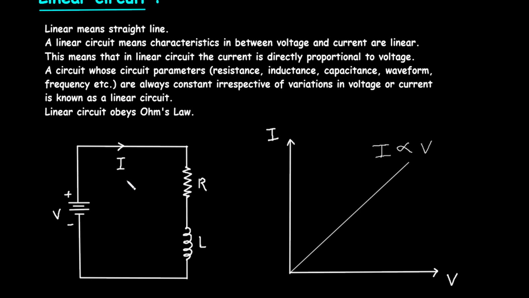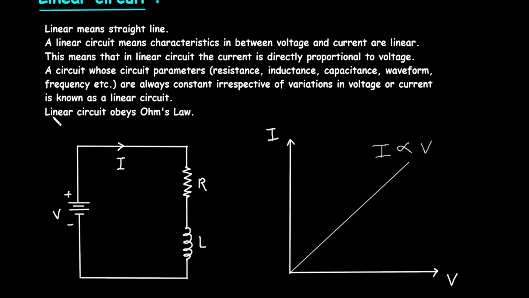So here we can see this is a linear circuit. Why? This resistance is constant, this inductance is constant in this circuit. Whether we change voltage or current, these two remain constant.